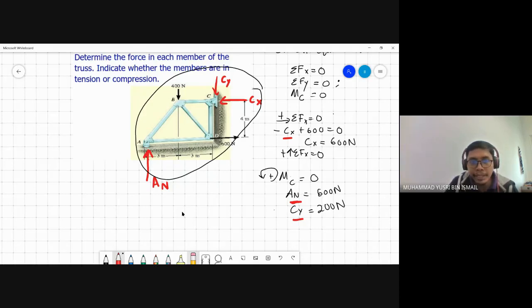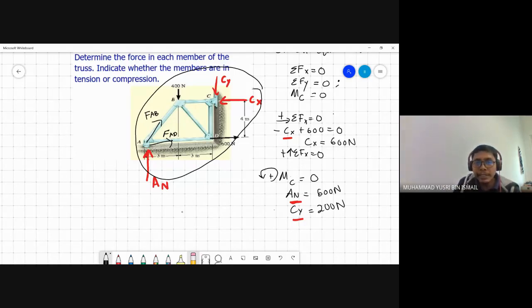For example, here you have FAB and FAD, so you can start your calculation at this part. What about the other joints? For B, you will have three unknowns: 1, 2, and 3.